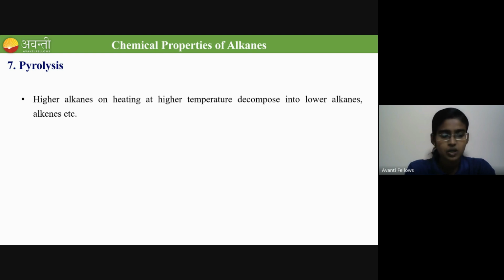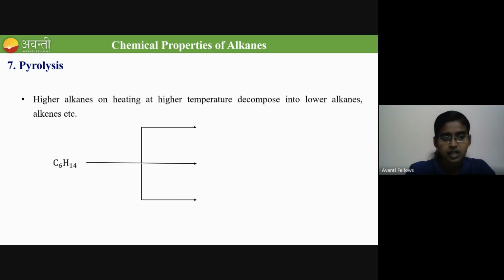Let us see an example with the same hexane. I am taking the same hexane as the reactant for this reaction also. Now this hexane can be broken down in 3 different ways if I am heating it to 773 Kelvin, the same temperature which we used in aromatization.